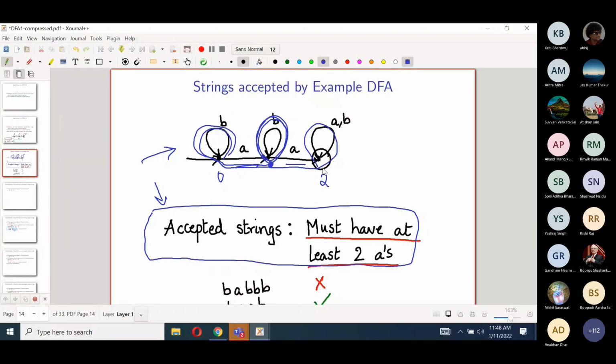But I can draw this particular diagram in only this much space on my screen to represent this entire set of strings. So if you give me any string, I will be able to find out what is the final answer for that particular string.